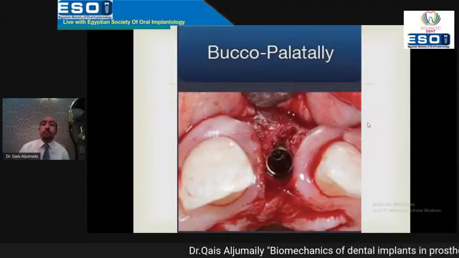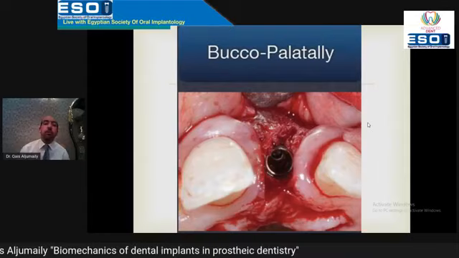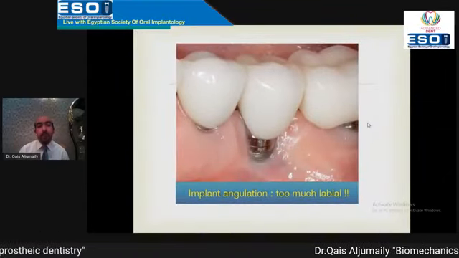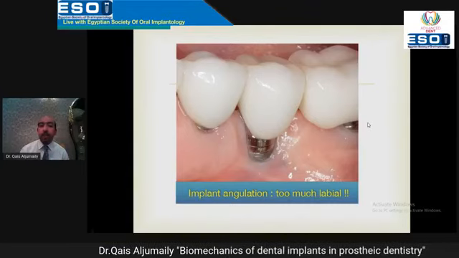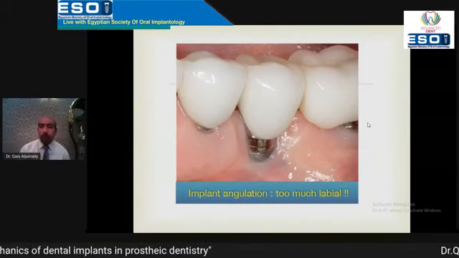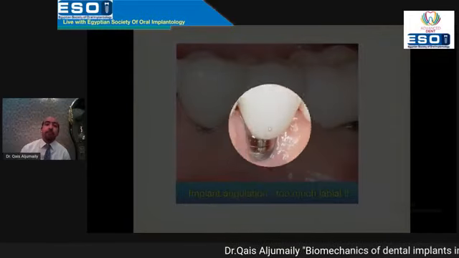The third dimension regarding implant placement is the bucco-palatal or buccolingual positioning. If we put our fixture too much labially or too much buccally without providing enough cortical bone buccally, in the future the result will be this ugly appearance.